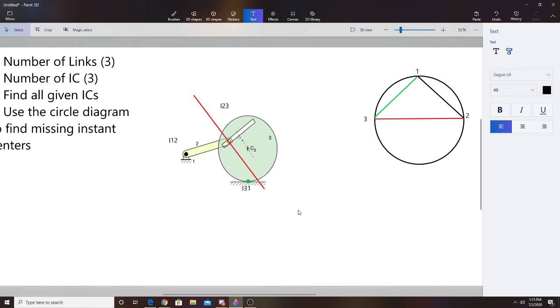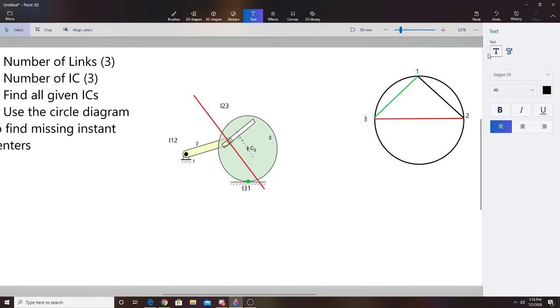So for this one, it's fairly straightforward, right? Fairly straightforward. The reason I picked this one was just so you guys, because this one had rolling contact, revolute, and slider as well, right? Or a roll slip.